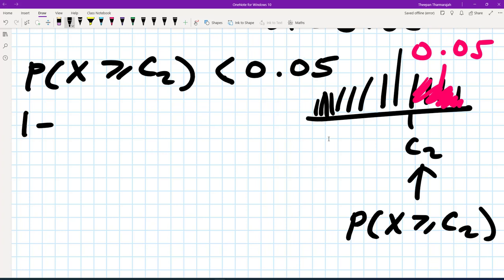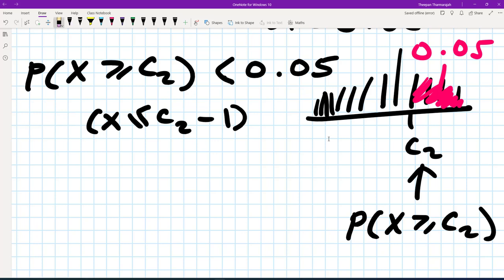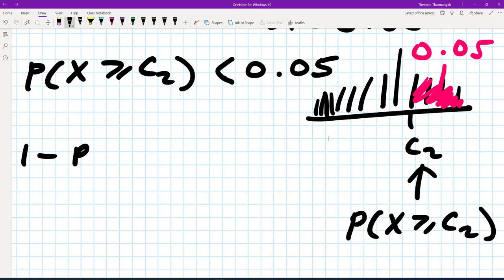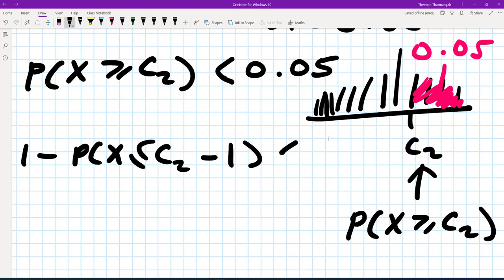So like we did in previous videos, 1 minus the probability that X is less than or equal to C2 minus 1 is strictly less than 0.05.